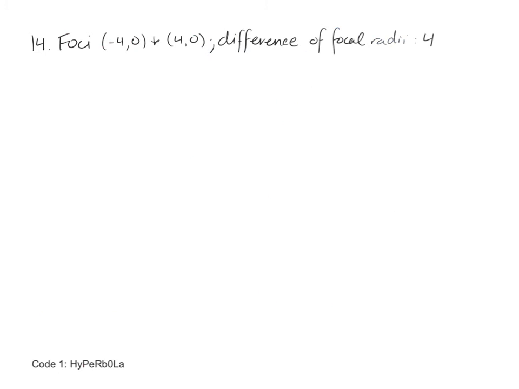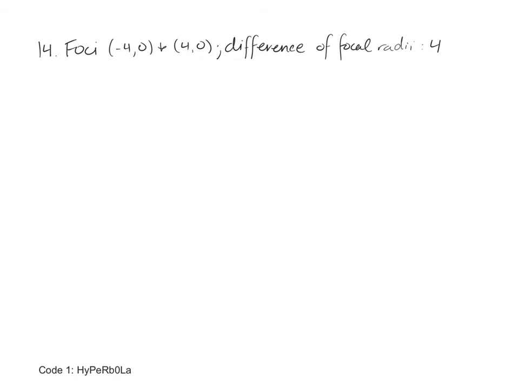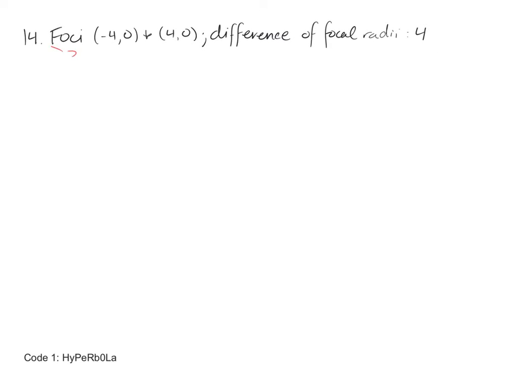Okay. Now that we've done some graphing, let's figure out equations from pieces. All right, so if we look at 14, they give us the foci, negative 4, 0, and 4, 0, and then the difference of the focal radii has to be 4. What's nice about looking at this is that for foci, it's kind of simple to tell which hyperbola we have, right? Because these foci are on the x-axis.